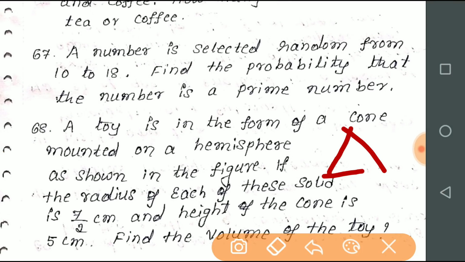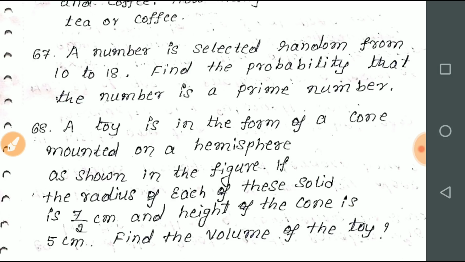The height of the cone is given, 5 cm, and the radius is also given, that is 3.5 or 7 by 2 cm. If the radius of each of these solids is 7 by 2 cm and the height of the cone is 5 cm, find the volume of the toy.